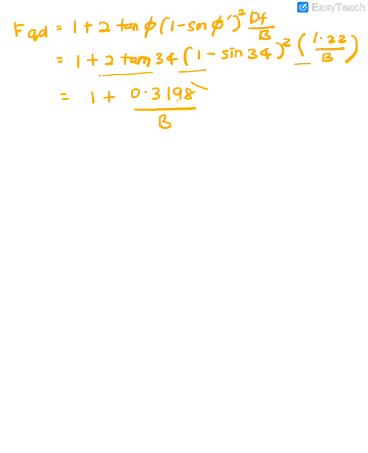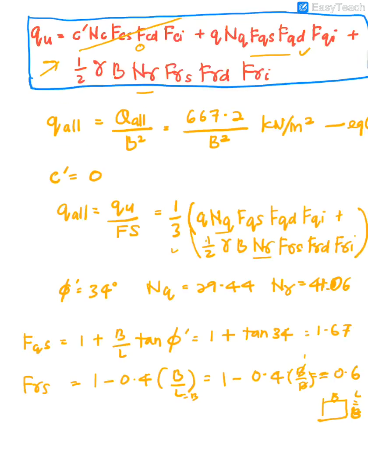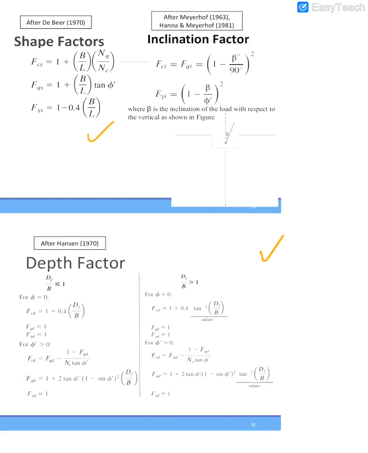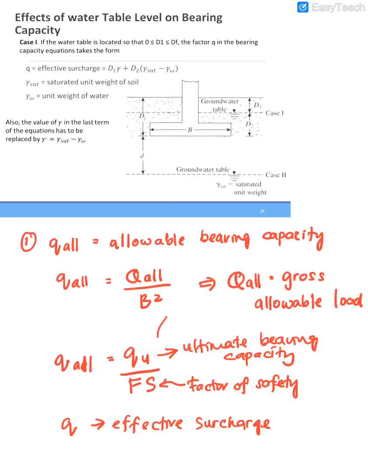Please check this value, I hope it's correct. And then F_gamma d equals 1.